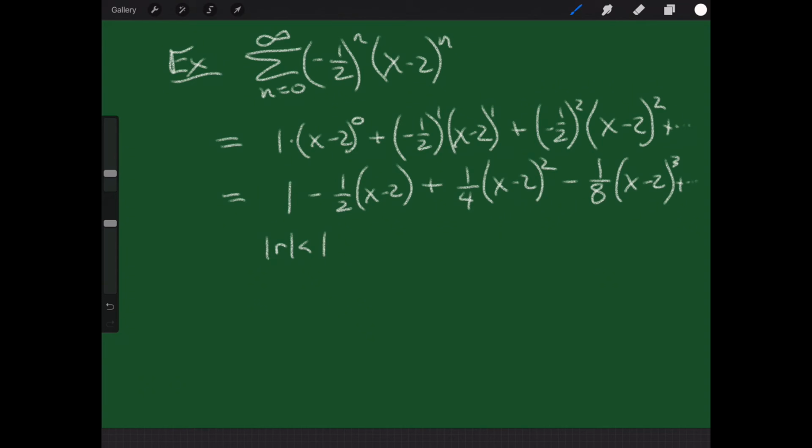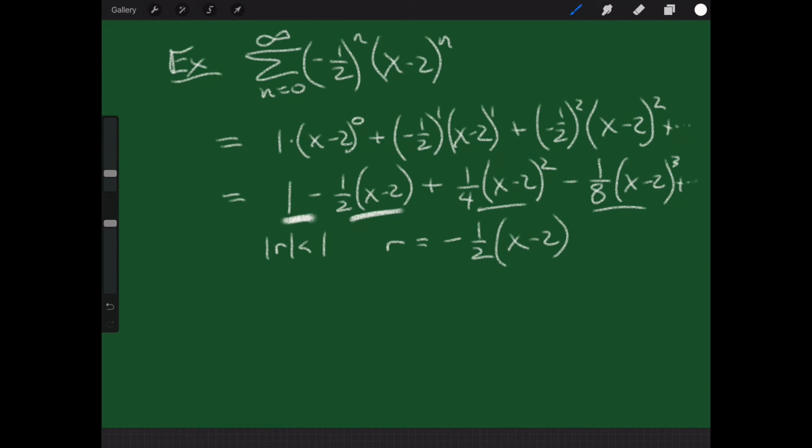Well, in this case, our r is equal to negative 1/2, because we multiply by negative 1/2 every time to get to the next guy in the series, times x minus 2. So r is negative 1/2 times x minus 2.